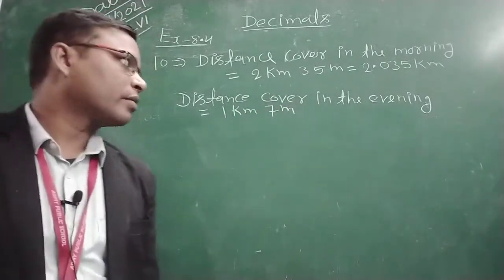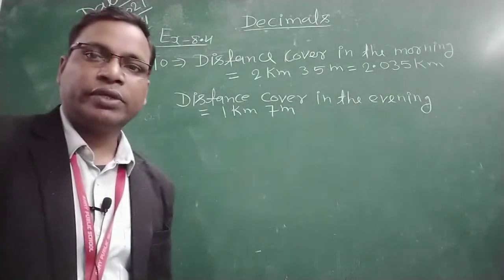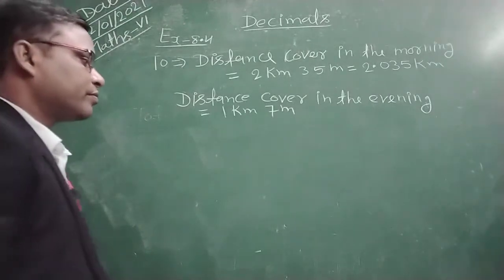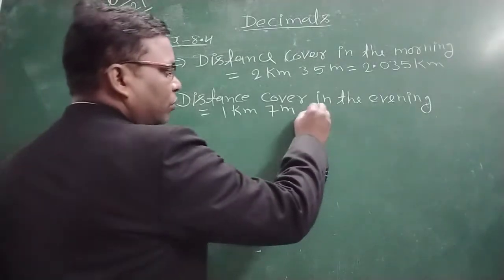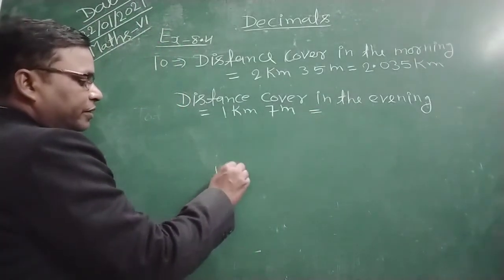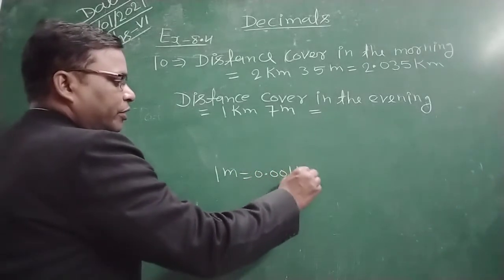So now again we convert meter in kilometer. So here we have 7 meter. If you convert it in kilometer, as you know 1 meter is equal to 0.001 kilometer.